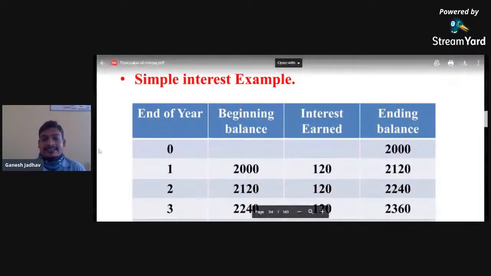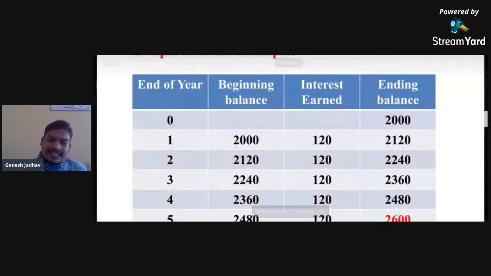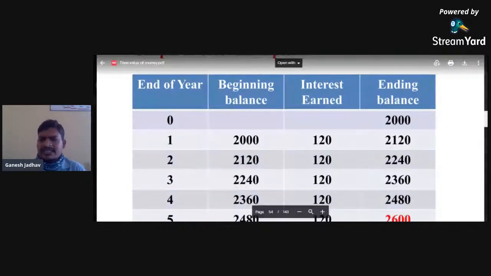In the first year, the beginning balance is 2000, the interest is 120, and the ending balance at the end of the first year is 2120. In the second year, your beginning balance is 2120.